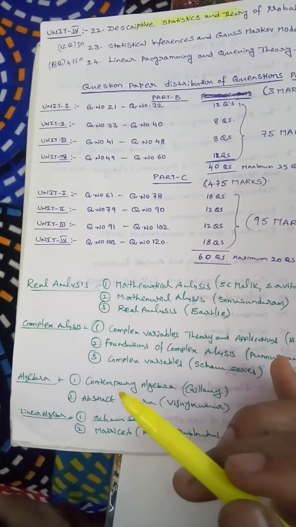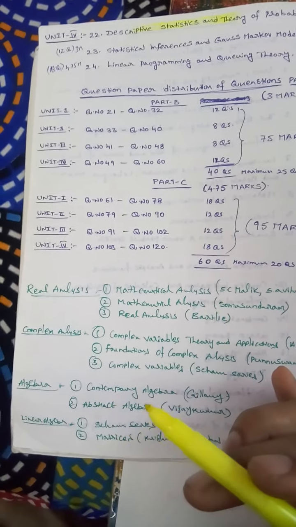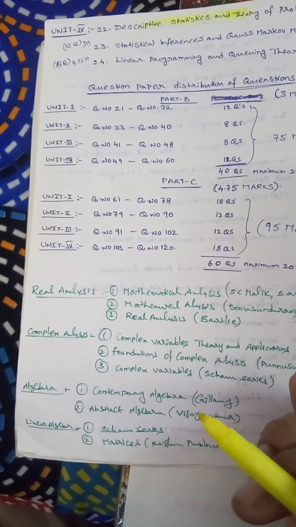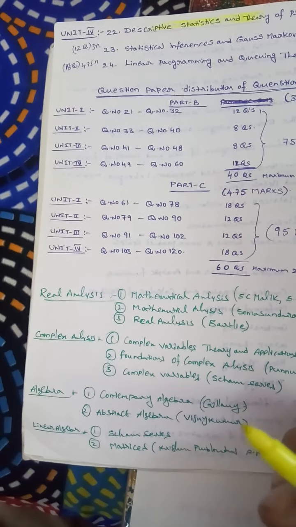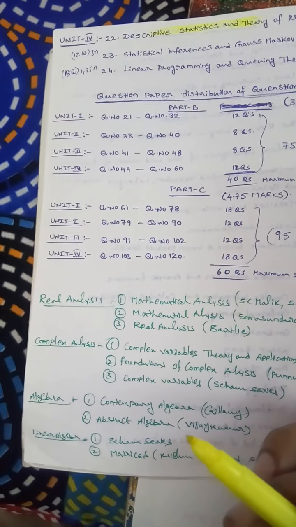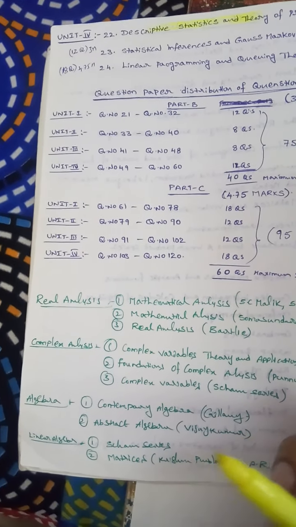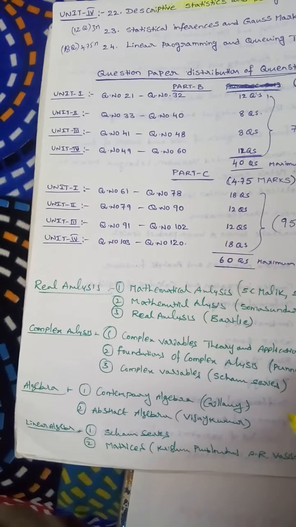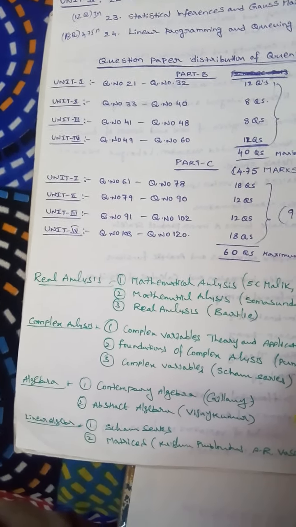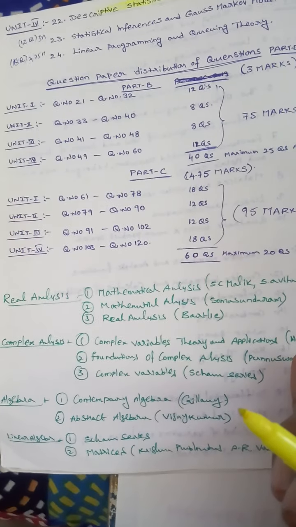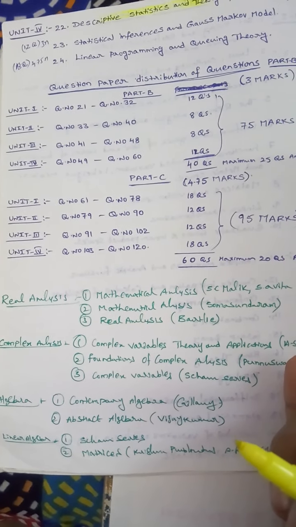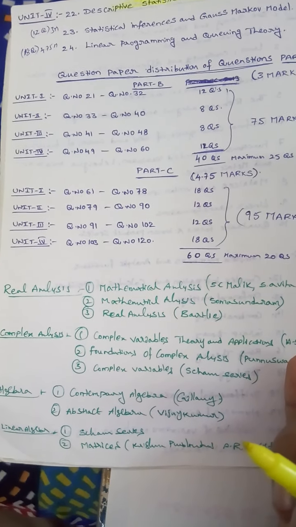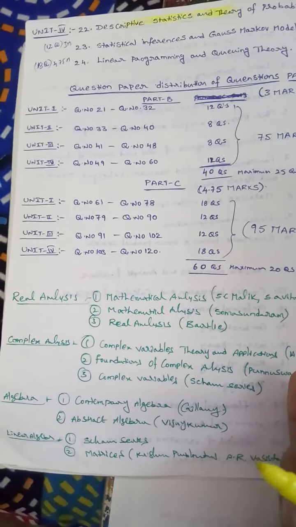And coming to the algebra part, the first reference book is Contemporary Algebra by Gilani, the second is Abstract Algebra by Vijay Kumar, and another book is Topics in Algebra, and Basic Abstract Algebra by Jain and Bhattacharya.